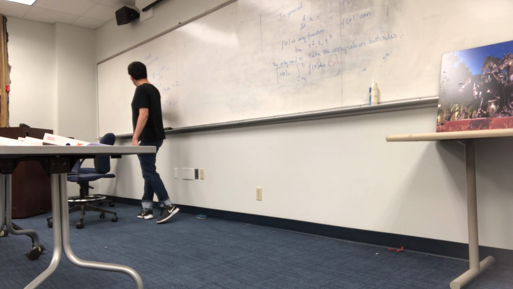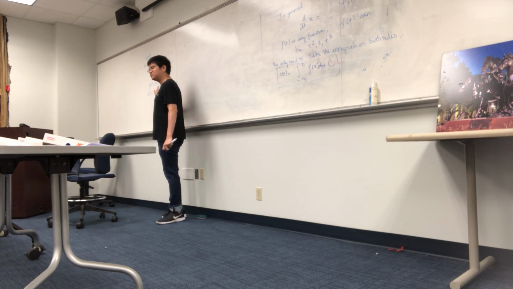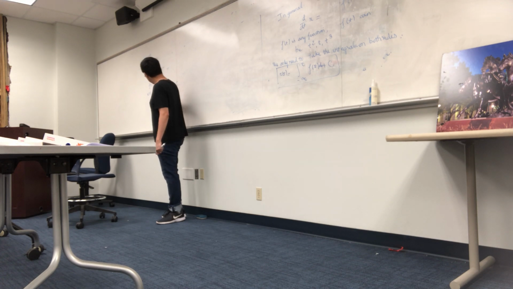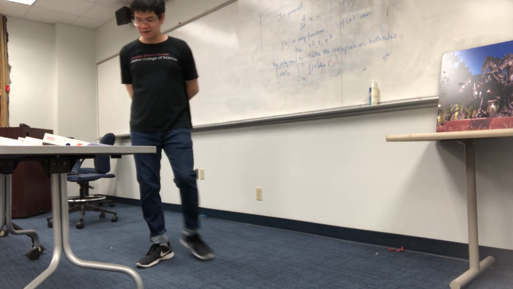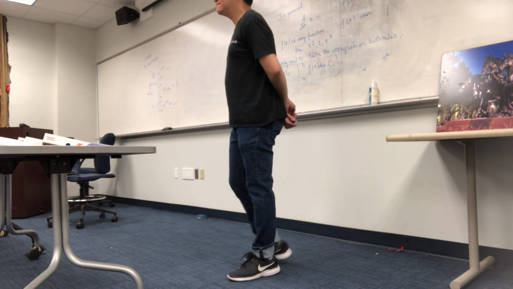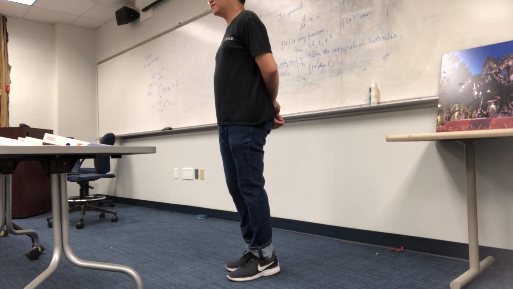So x of t will be the integral from minus infinity to t of f of s ds plus some constant c. So I'm going to replace f to be e to the power minus s squared. So this is going to be the integral from minus infinity to t of e to the power minus s squared ds plus c. And what is the explicit solution for this?